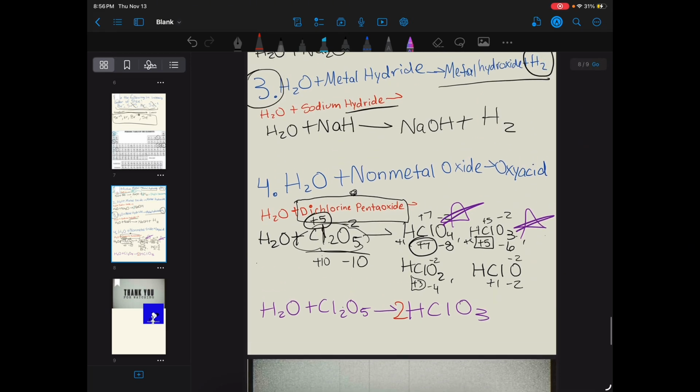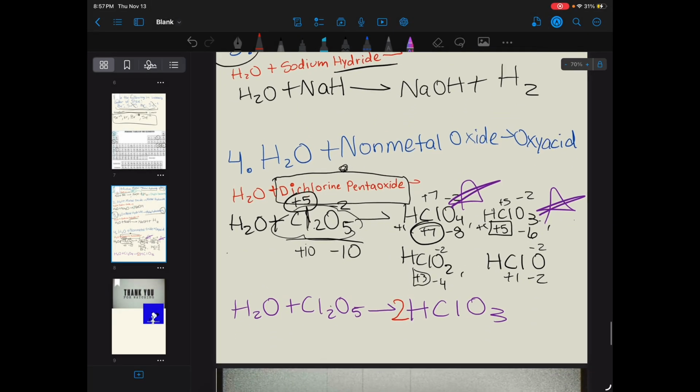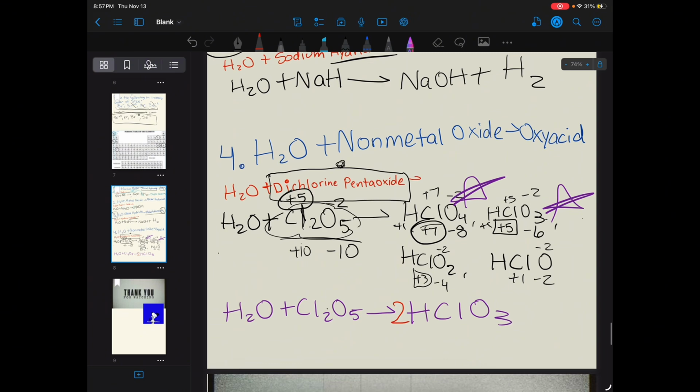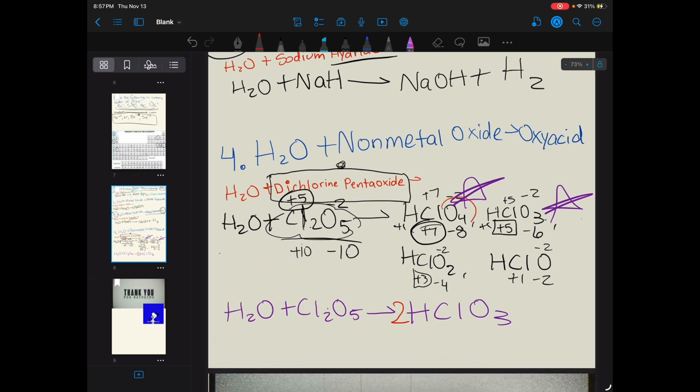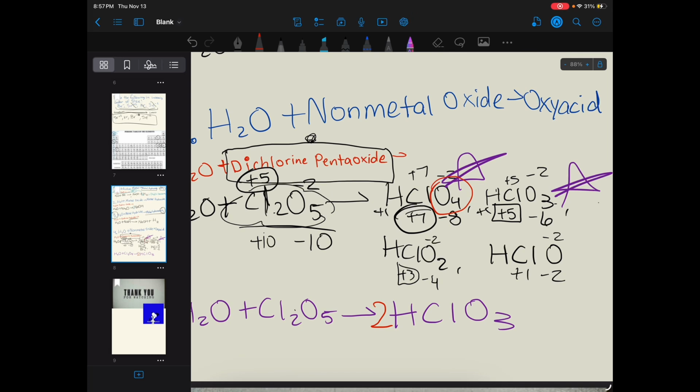Okay. And then one important thing to also note is that for oxyacids like this, because they have this oxygen here, the trend is that when lowering the oxygen count by 1, the charge of whatever other element it is will also reduce by 2.